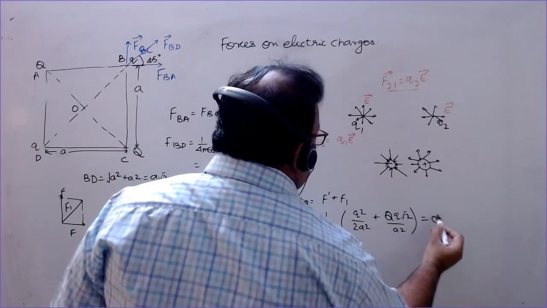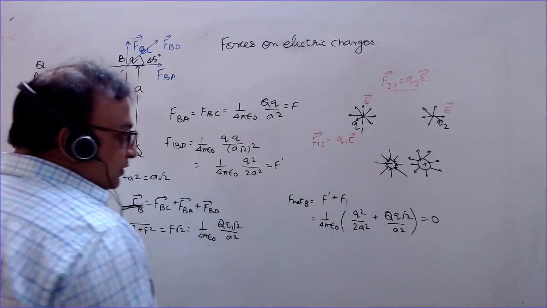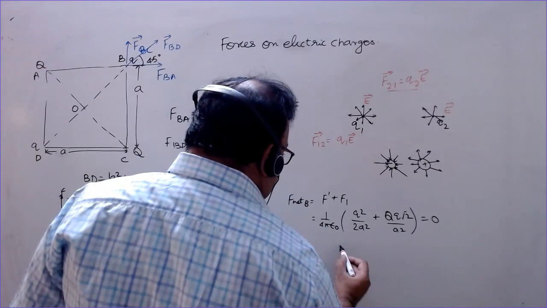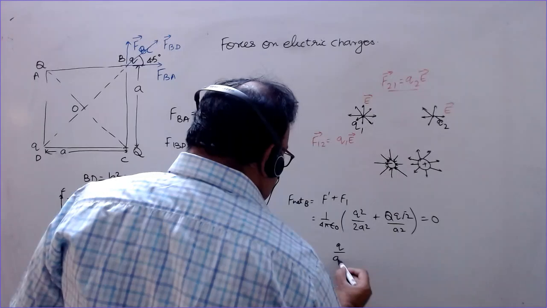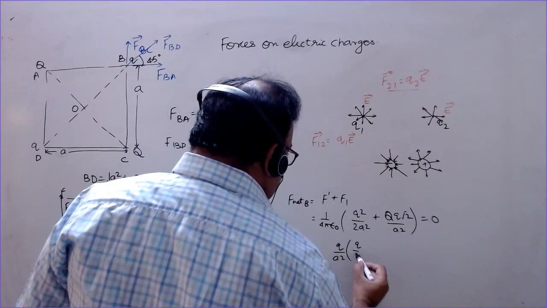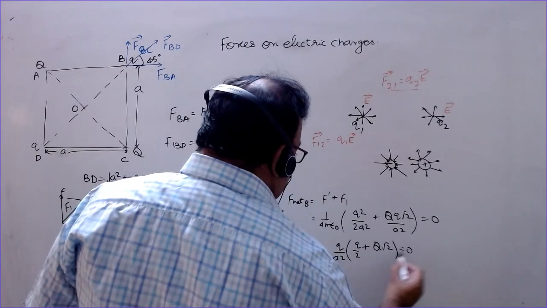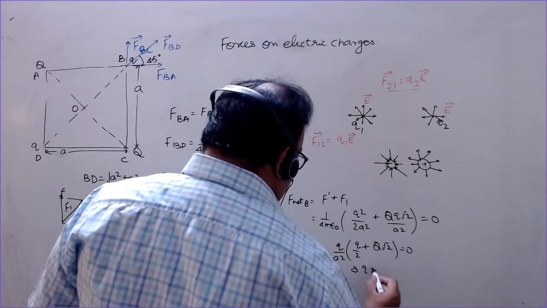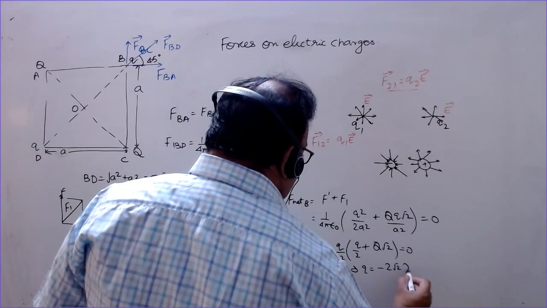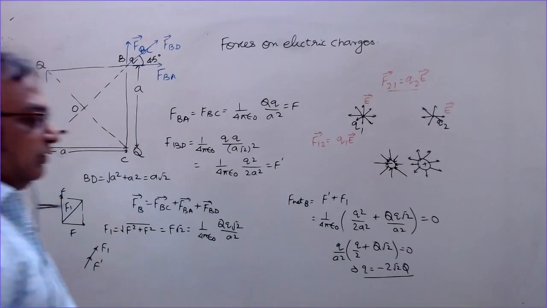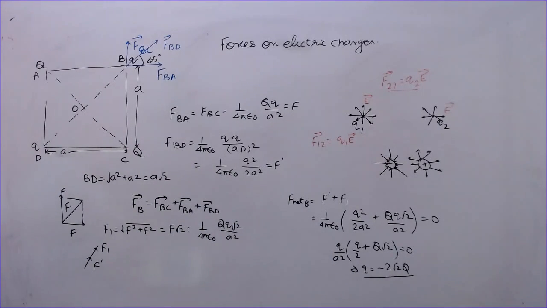And this is given equal to 0. So we get, so this gives Q is equal to minus 2 root 2 q. This is the answer to this question.